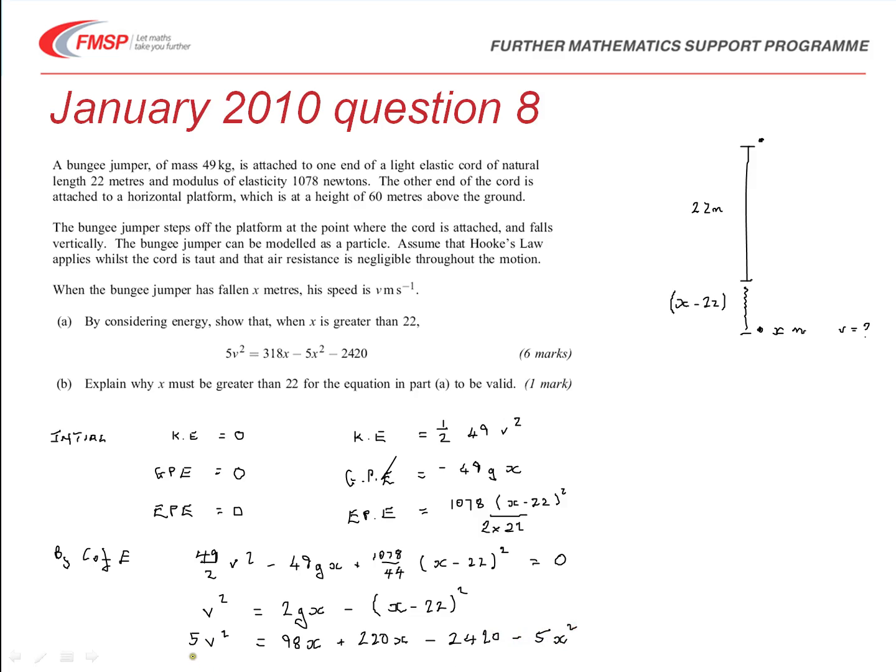And then finally, if I write the final line, the 98x and the 220x will add up to give you the 318x as required.